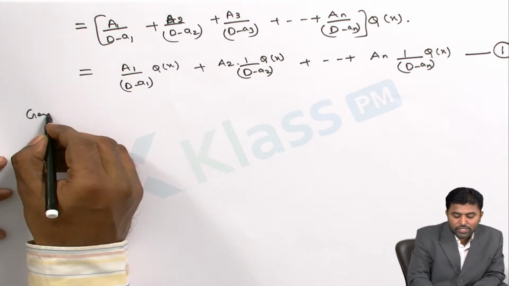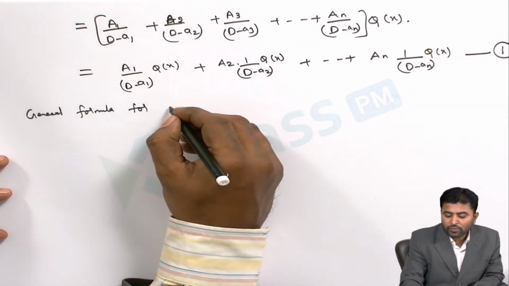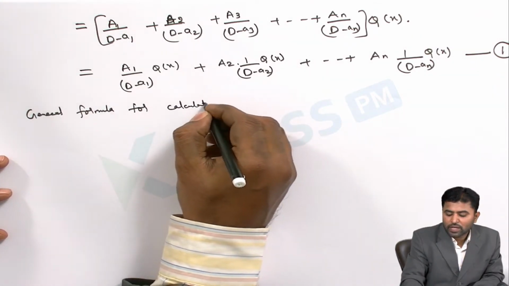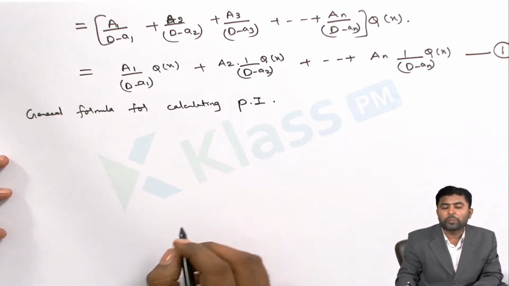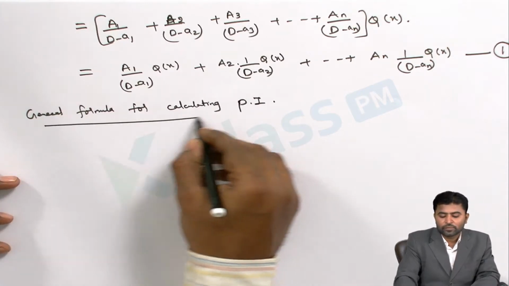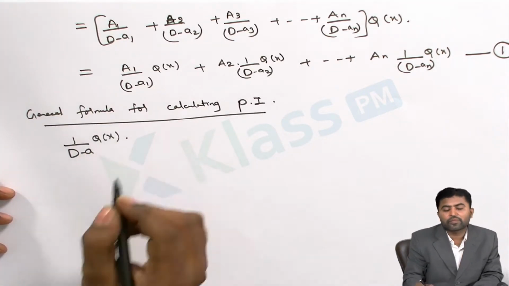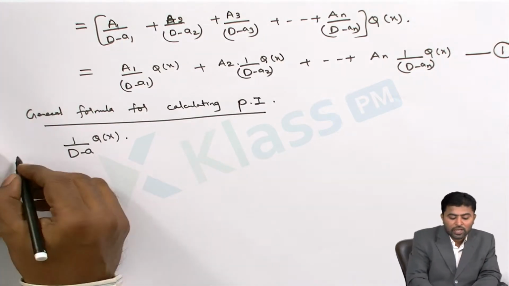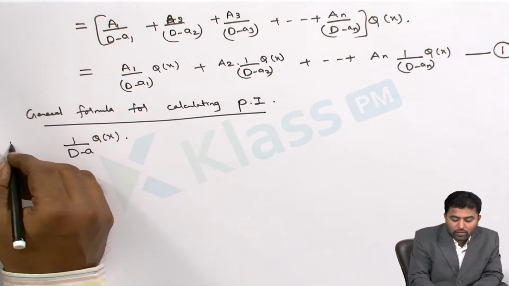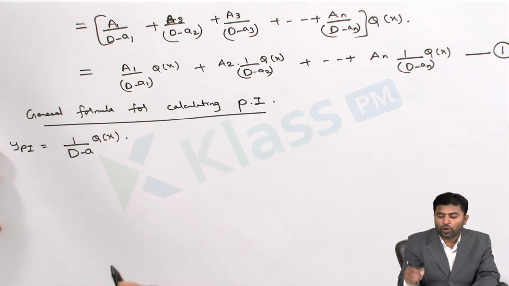Alright? General formula for calculating particular integral: 1 by D minus a Q of x. Y PI is equal to 1 by D minus a into Q of x.